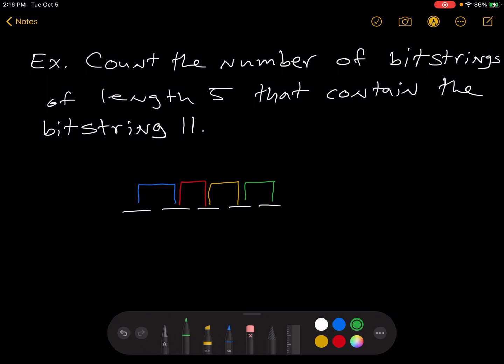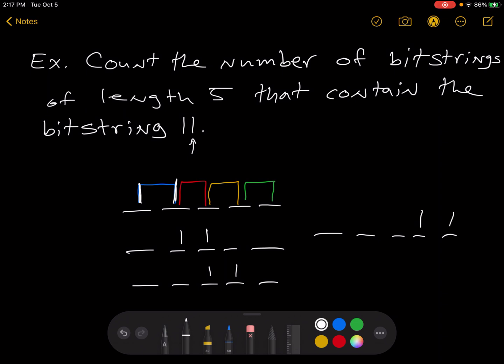And so notice that this occupy idea only matters where the second one, meaning that 1, goes. Because if the second one goes there, then that means the first one goes right before it.